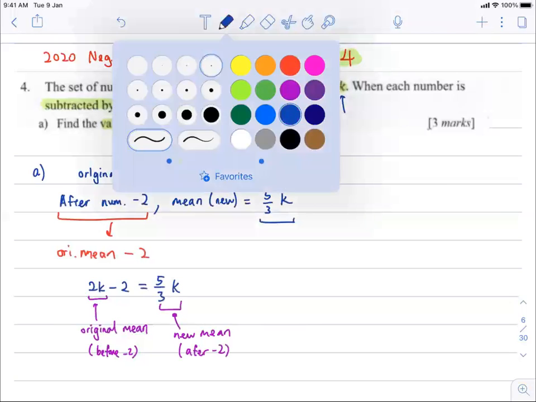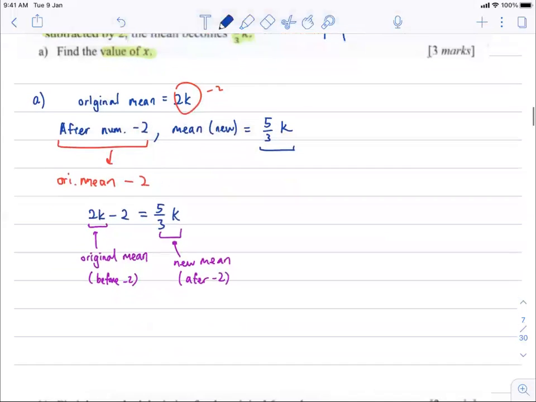Okay, so after we get this equation, we can find out what is k. So simplify this, we'll get 2k minus 5/3k equal to 2. So 1/3k equal to 2. So k will be equal to 6.